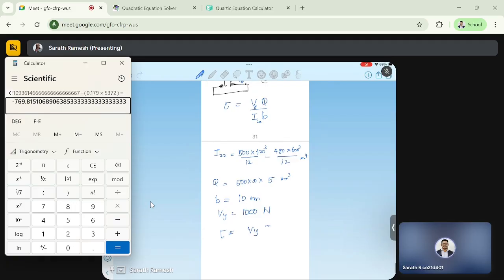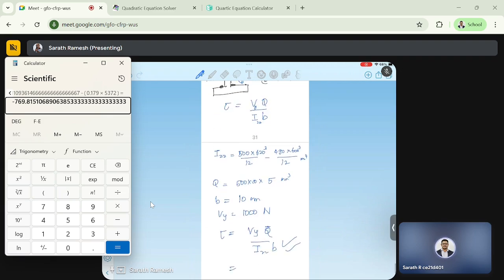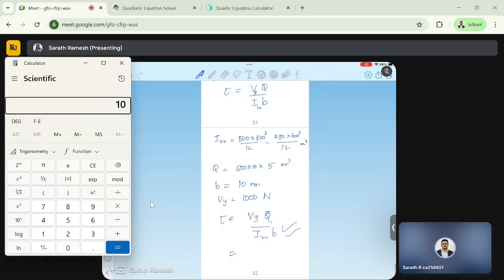Vy into Q by Izz into B. Let me quickly do it and give you the numbers. 1000 into 5000 into 5 is 25,000 divided by, oh, we need I, right?